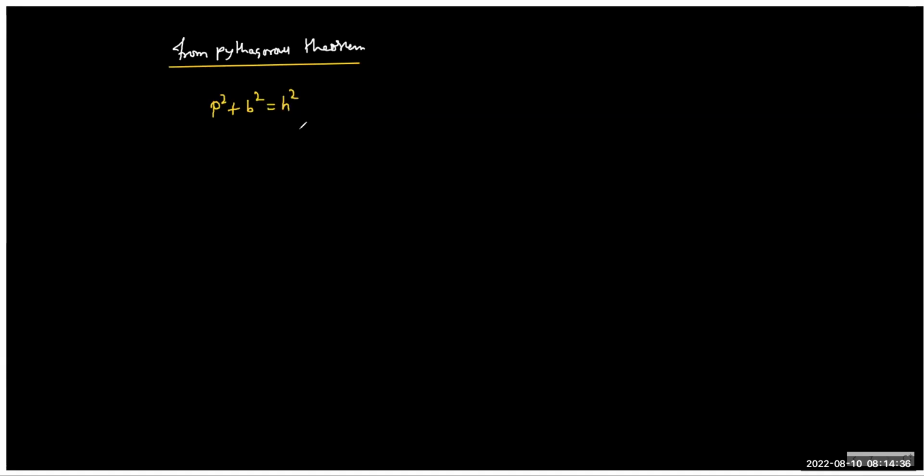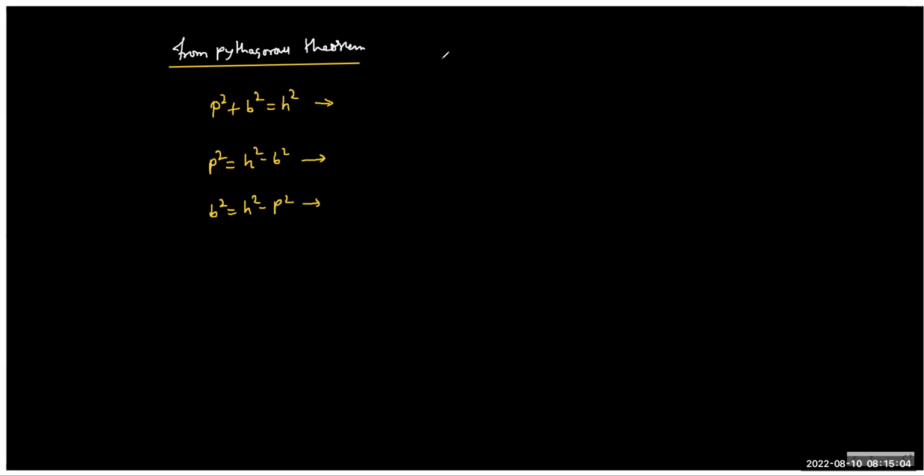I hope you all know this one. Now this can be written in multiple ways because we have three terms. So how many possibilities are there? I can write like this. Can I write like this? P square equals to H square minus B square, or B square equals to H square minus P square, correct? And these three ways of writing will lead to the three different identities in trigonometry.